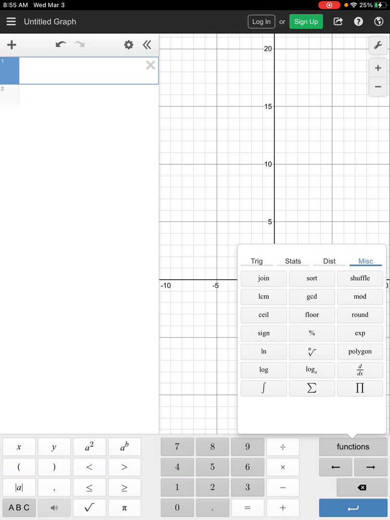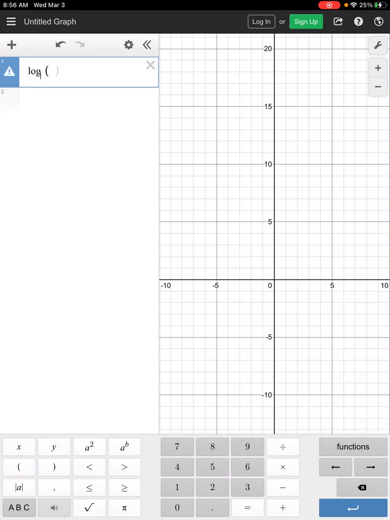There we see that we have a log and a log with a little base a. If we have a base, we need to use this one right here. Your cursor is already down there in the base to start with. So it was log base 4, so we're going to plug in the 4. Now we use our arrow buttons to make sure we go into that parentheses. So log base 4 of 39.